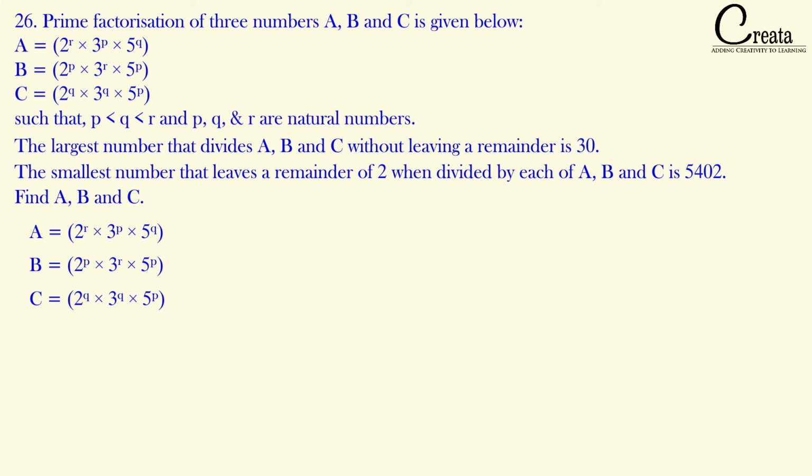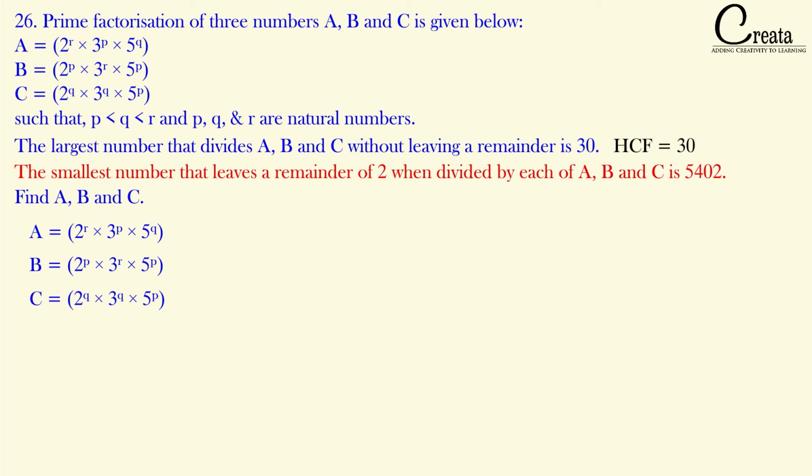Two conditions are given. In the first condition, it is given the largest number that divides a, b and c without leaving a remainder is 30. And what is the largest number? Think. It is the HCF, highest common factor. So HCF of a, b and c is given as 30. In the second condition, it is given the smallest number that leaves a remainder of 2 when divided by each of a, b and c is 5402.